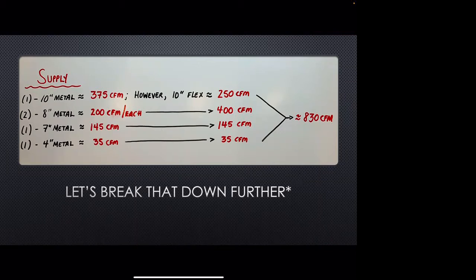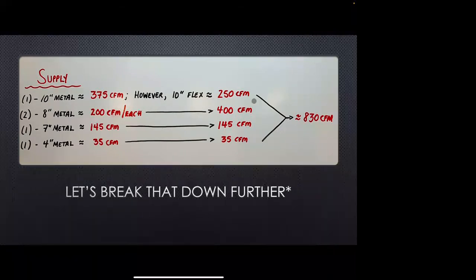So 10-inch metal, 8-inch metal, 7-inch metal, 4-inch metal, and write down the sizes here. How much air can each one handle? Well, you can see the metal here at our friction loss, which we're going to talk about in a second, is at 375 CFM. As soon as that changes to 10-inch flex, that duct can now only handle 250.